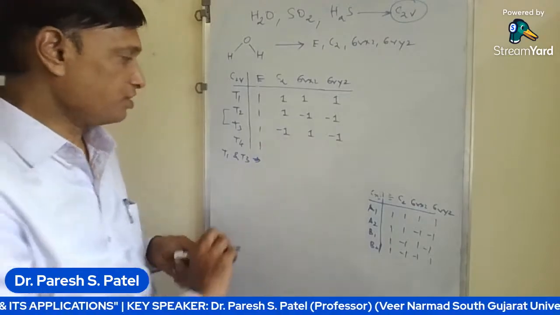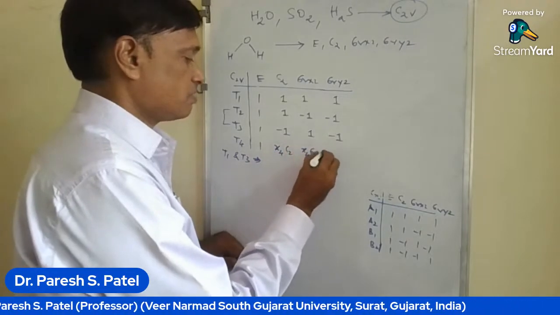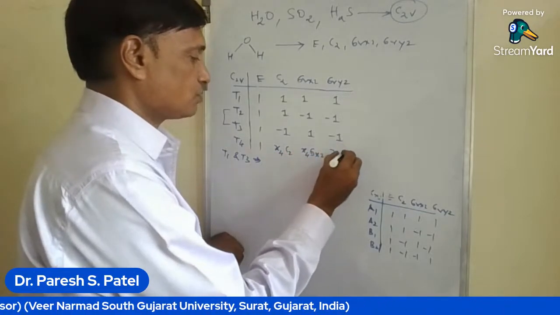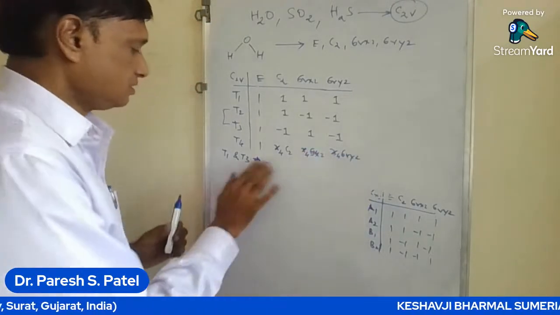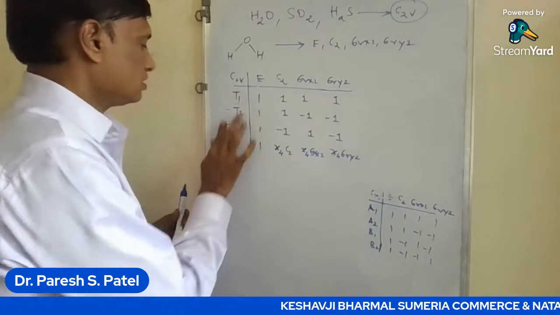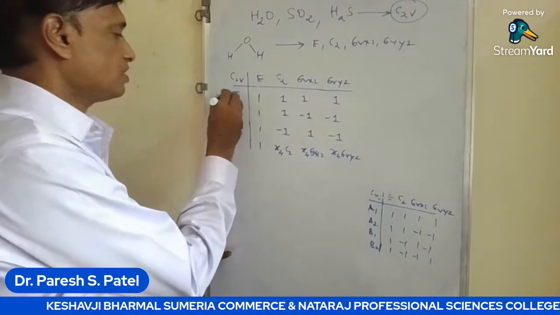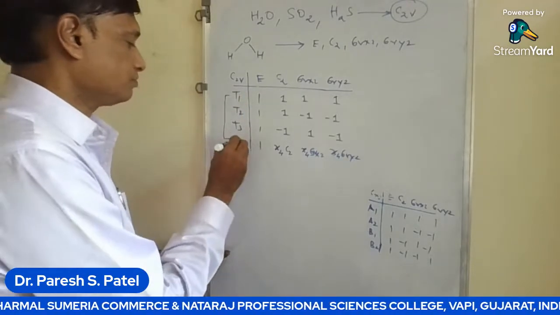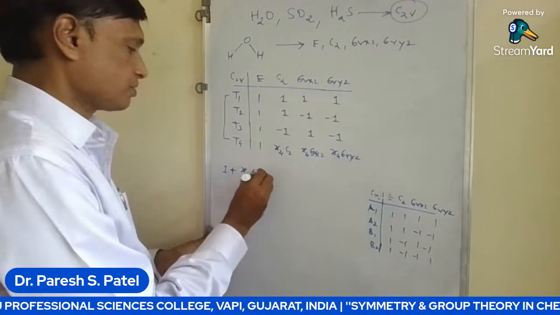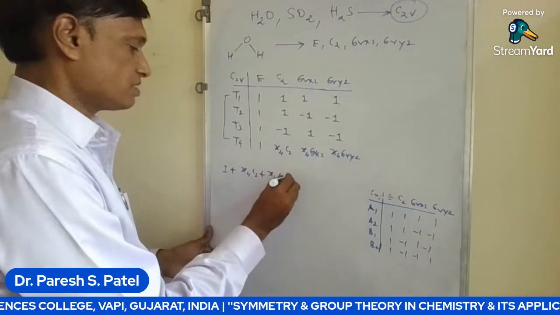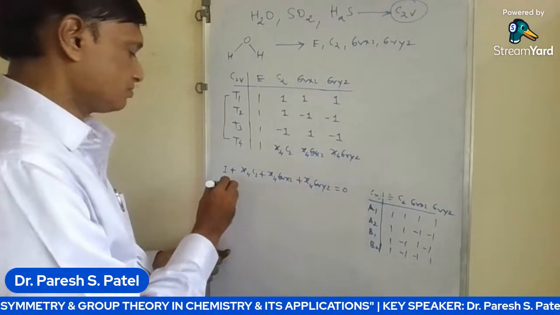Now for the fourth irreducible representation, we have character 4 C2, character 4 sigma v xz, character 4 sigma v yz. Again, by rule number 4, any two irreducible representations are orthogonal to each other. First of all, if we go for T1 and T4, 1 plus character 4 C2 plus character 4 sigma v xz plus character 4 sigma v yz is equal to 0.